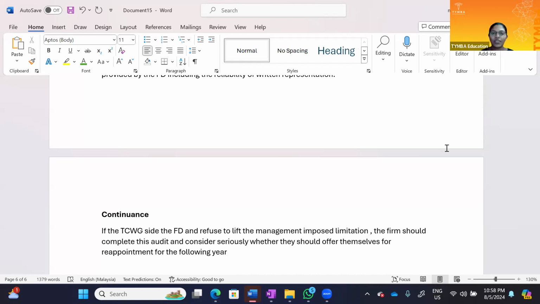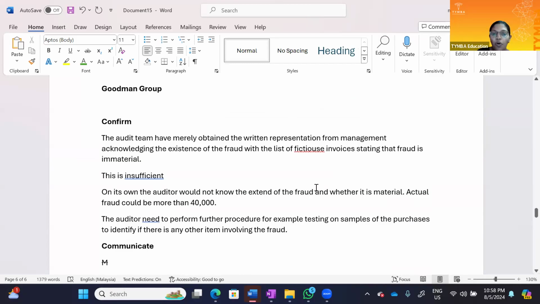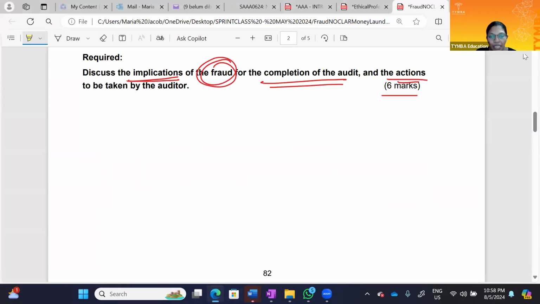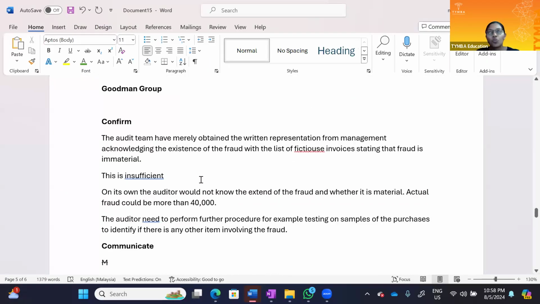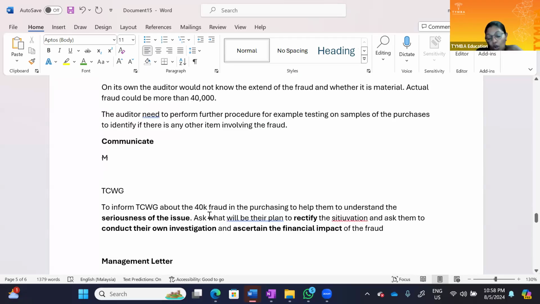Okay, so that is all for the 6 marks that you will need to write for the further action that needs to be taken for this fraud case. Looking at the question again, implication of the fraud and also action to be taken. These are all the implications. Because of this, I'm going to do more procedures and communicate it.